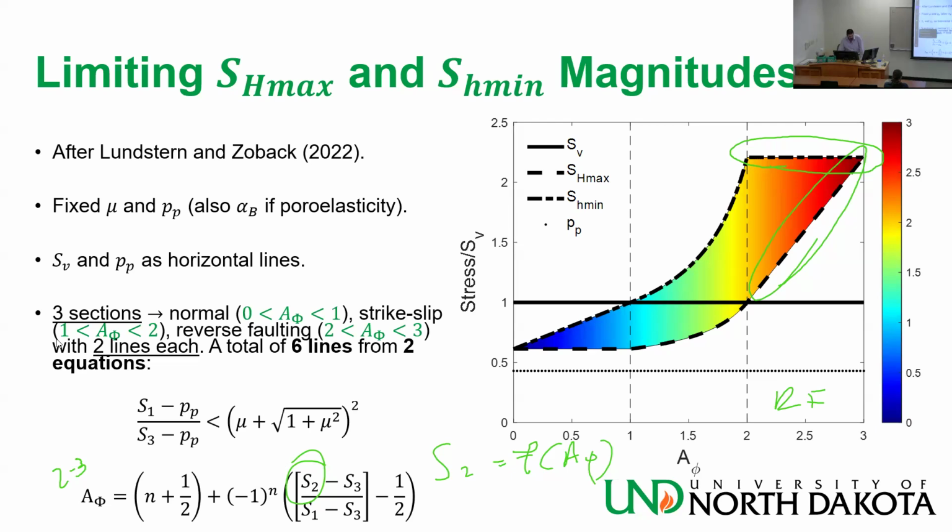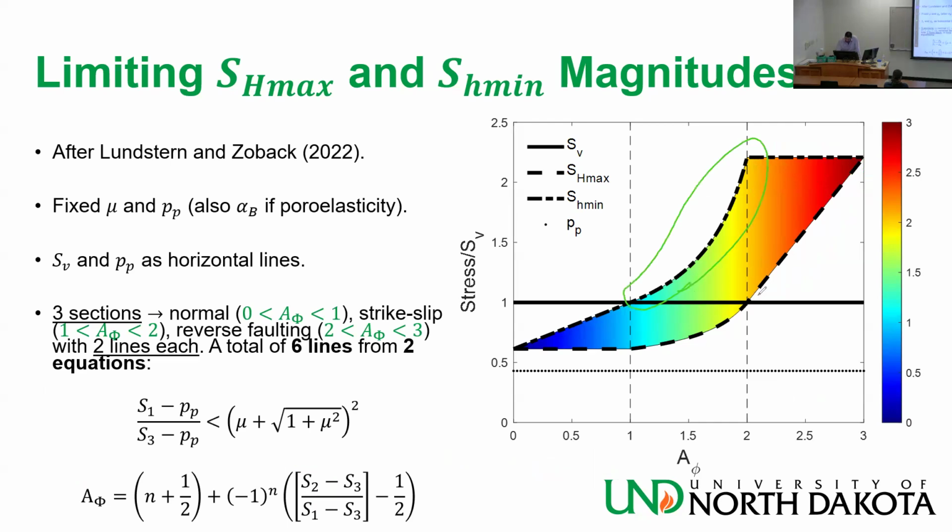And you are left with this line for SH max on the top. And this line for SH mean. So how are you gonna do it? You have 2 equations, and you want to arrange it so that you have 2 unknowns and 2 equations.